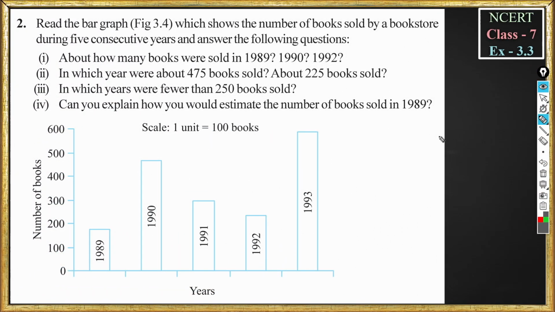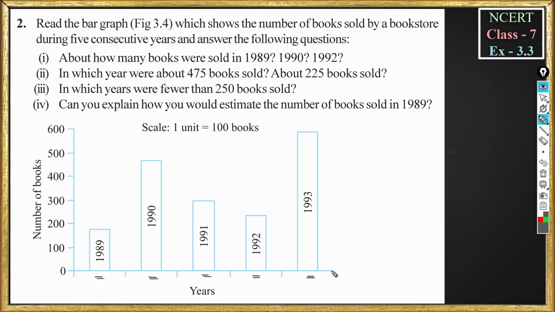Class 7 Maths, Exercise 3.3, Question number 2. Read the bar graph which shows the number of books sold by a bookstore during 5 consecutive years and answer the following questions. So in the question, a bar graph is given and that bar graph shows the number of books sold by a bookstore during 5 consecutive years. So the 5 consecutive years are 1989, 1990, 1991, 1992 and 1993.